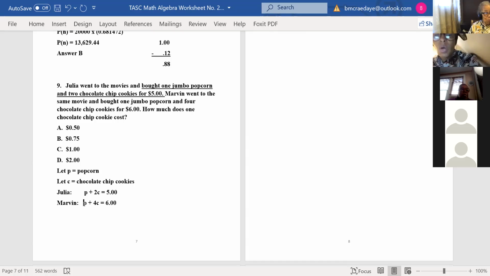Now, what do you see in common with these two equations? What is alike in these two equations? Exactly alike: P. If P is exactly alike in both equations, then you can subtract one equation from the other and the P is eliminated, right?